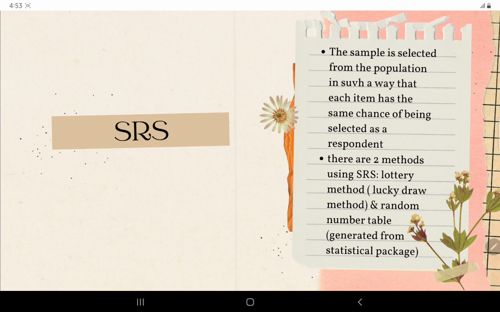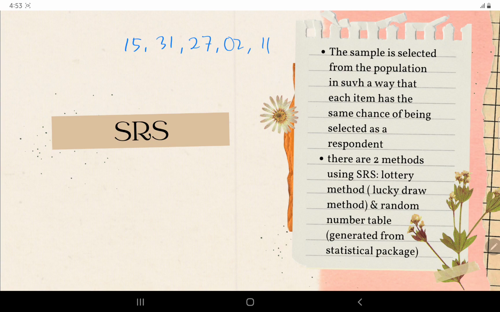Okay, different random numbers. Nak generate random numbers ni, kita gunakan package statistical lah. Okay, contohnya lah, nombor yang keluar random number tu dia bagi 15, 31, 27, 02, 11. Okay, random number ni sistem tu lah yang keluarkan.